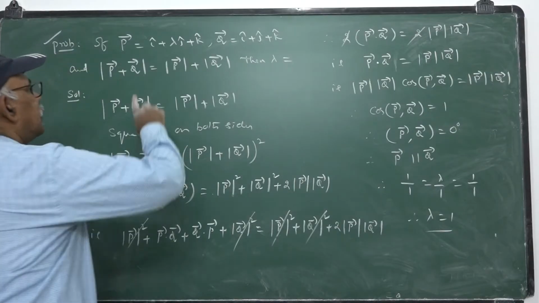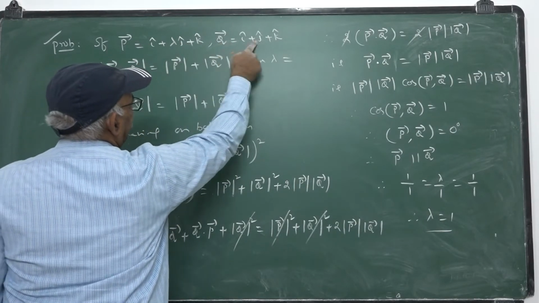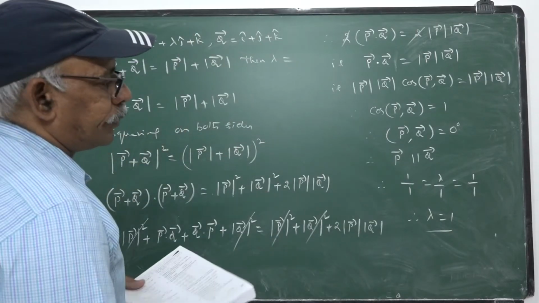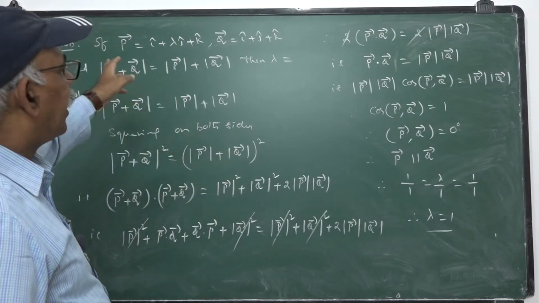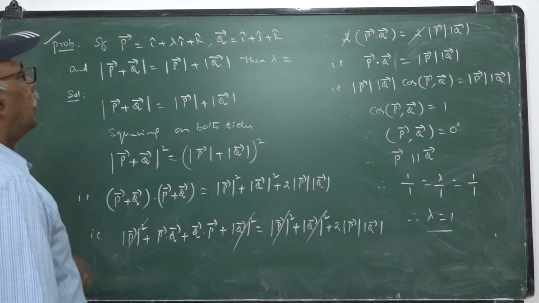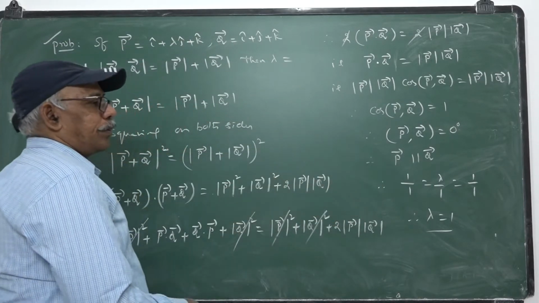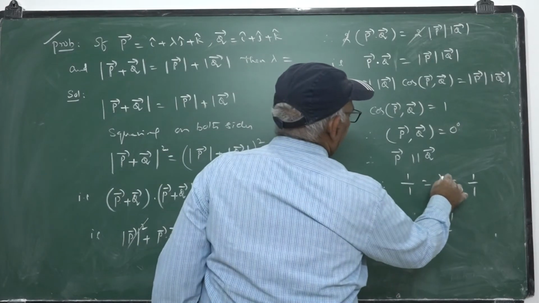Once P bar is parallel to Q bar, a1 by b1, a2 by b2 and a3 by b3 are equal. So once P and Q are parallel, the i, j, k components are proportional in P and Q. Based on that, lambda takes the value 1 itself.